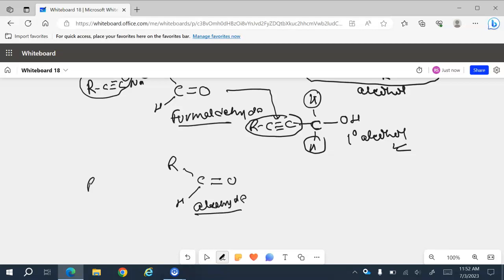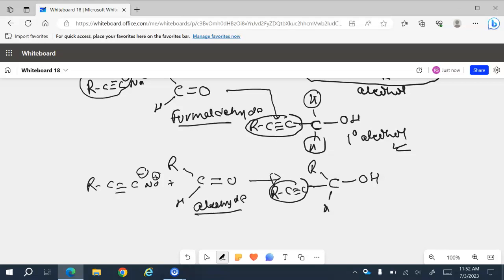Then again, if you use this acetylenic group and react with this kind of aldehyde, the result is going to be carbon with R and H, and this O becomes now OH, and you have attached again the RC triple bond C group. So that is how you generate a secondary alcohol.